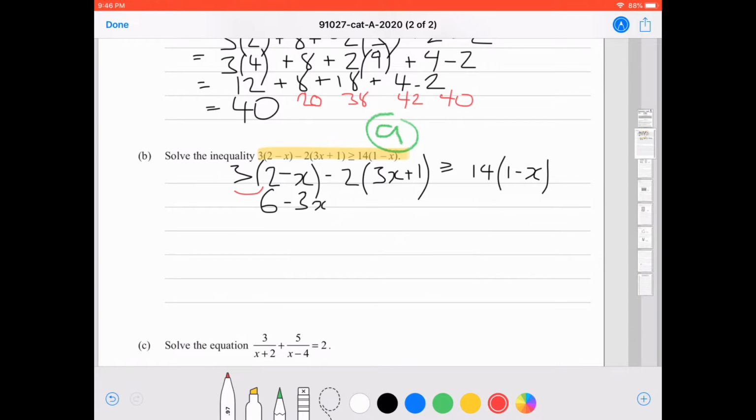Okay, here we've got minus 6x and minus 2, remembering to include the operation here, so it's minus 2, not positive 2. And this is greater than or equal to 14 minus 14x.